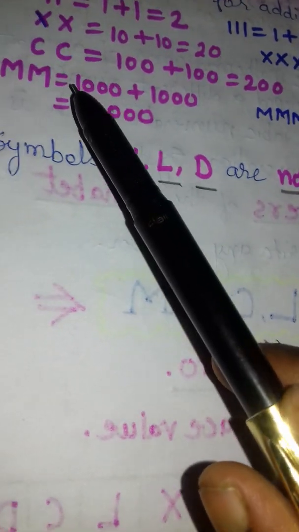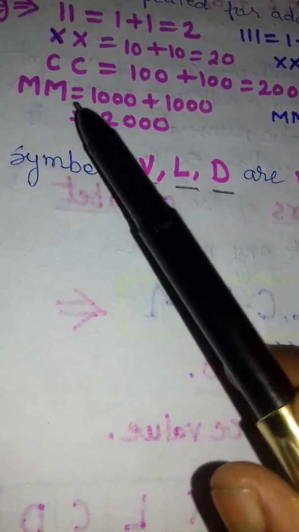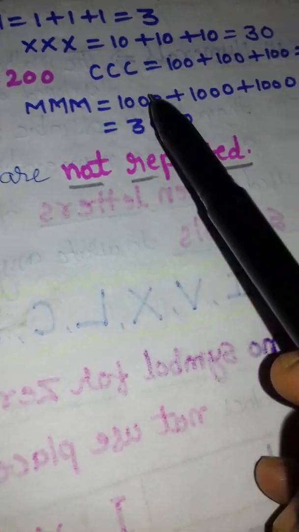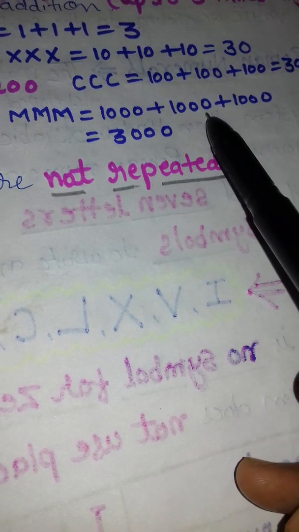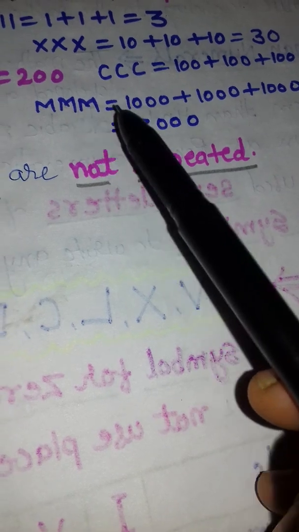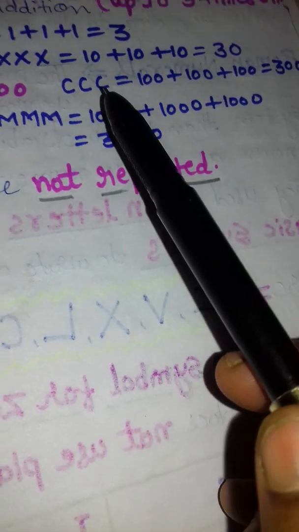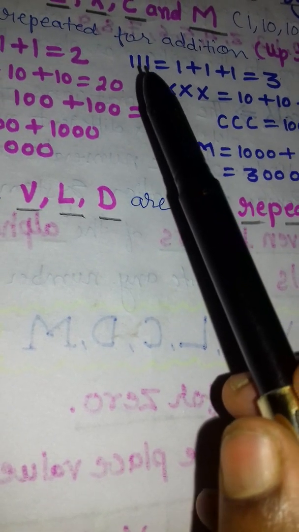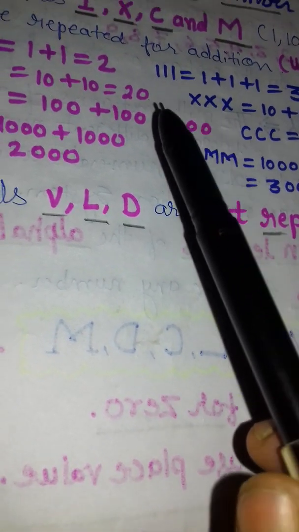Similarly, see the example for M. If we write M 2 times, 1000 plus 1000 is 2000. And if we write M 3 times, it is 1000 plus 1000 plus 1000, equal to 3000. But we cannot write M 4 times, or C 4 times, or X 4 times, or I 4 times. So these symbols can be repeated only 3 times.